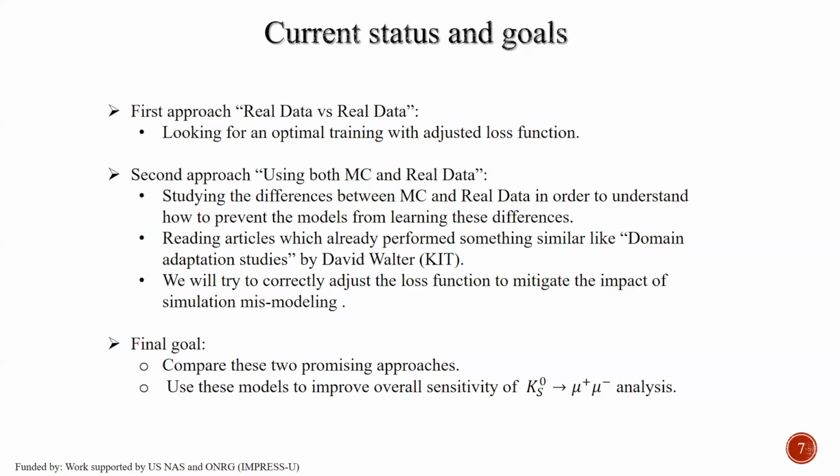And also we are searching and reading articles which already performed something similar, like domain adaptation studies by David Walter. After these studies, we will try to correctly adjust the loss function to mitigate the impact of simulation mismodeling.